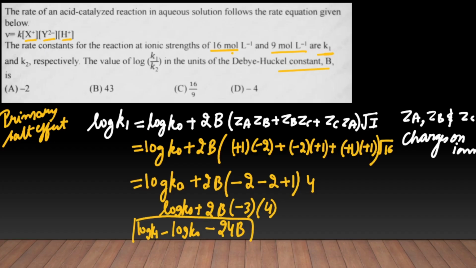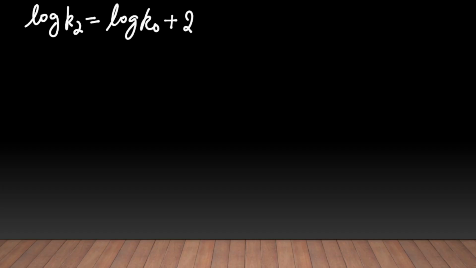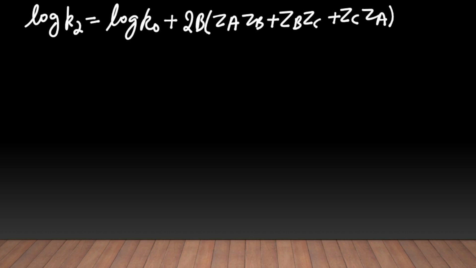Now the next is ionic strength of 9 moles per liter. In that case, log of K2 will be equal to log of K0 plus 2b times Za Zb plus Zb Zc plus Zc Za into the root of the ionic strength.